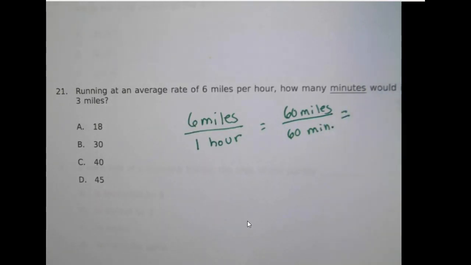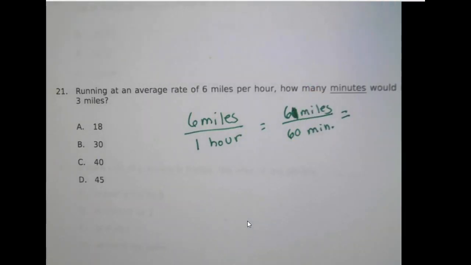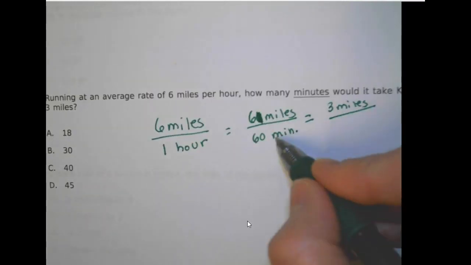So how long, I changed this problem. Goodness gracious, not 60, but just 6. And so, how long is it going to take him to go 3 miles? Well, that's half.